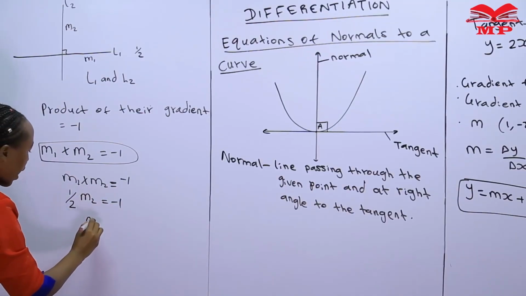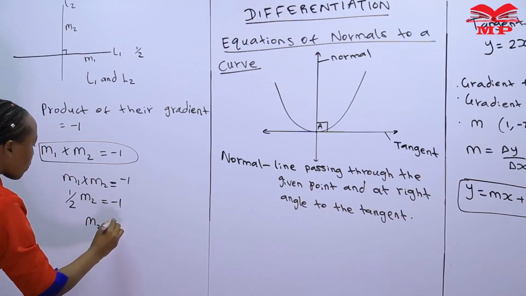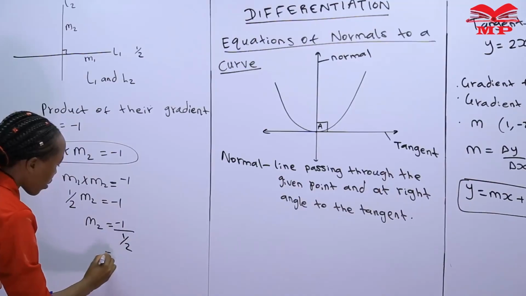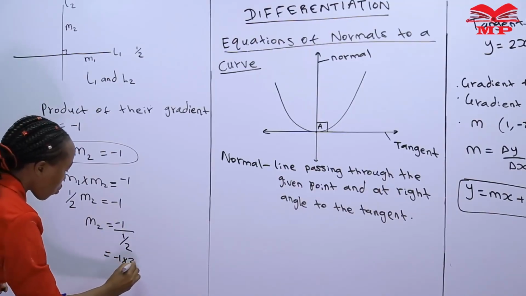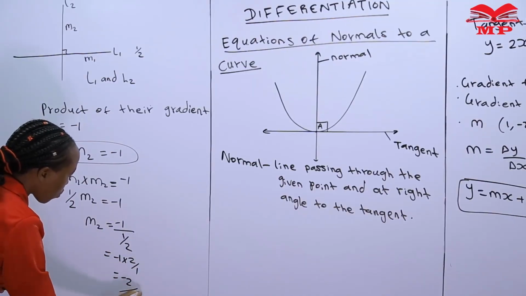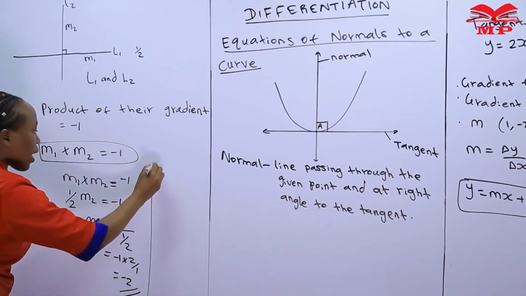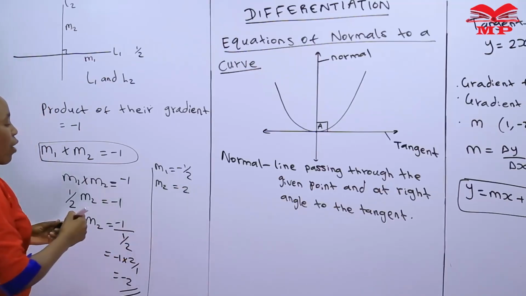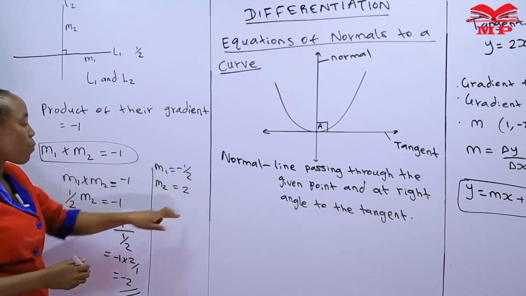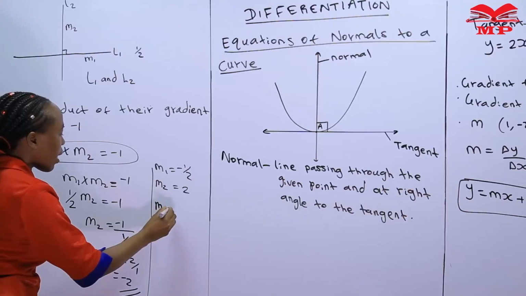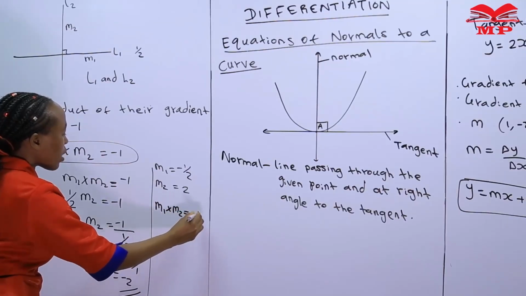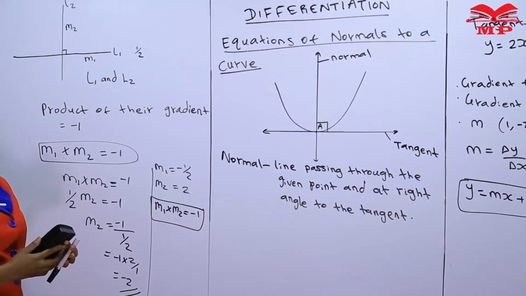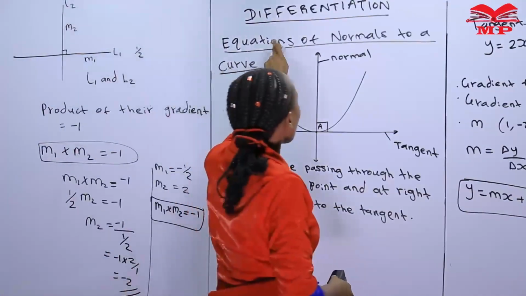Therefore M2 is -1 divided by a half, which is -1 times 2/1, that is negative 2. And for sure, when you multiply a half times negative 2, you get that the product M1 by M2 is equal to negative 1.